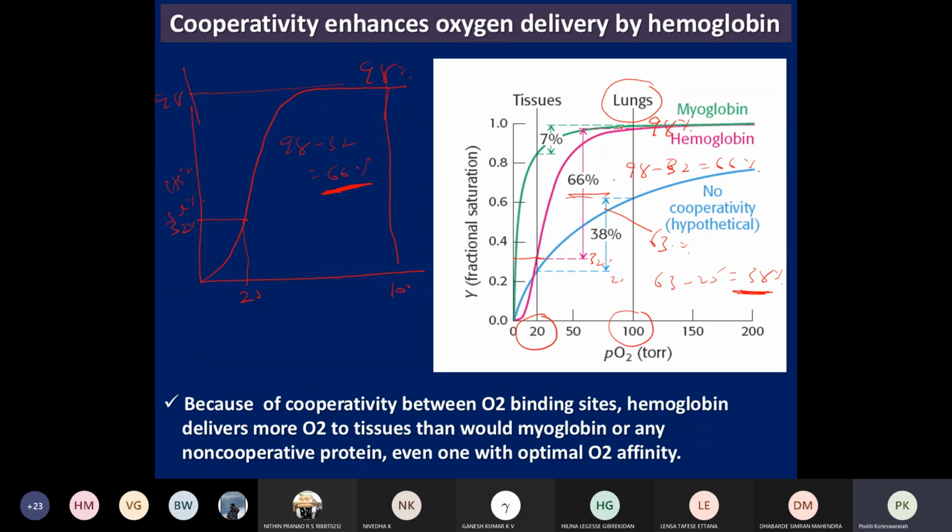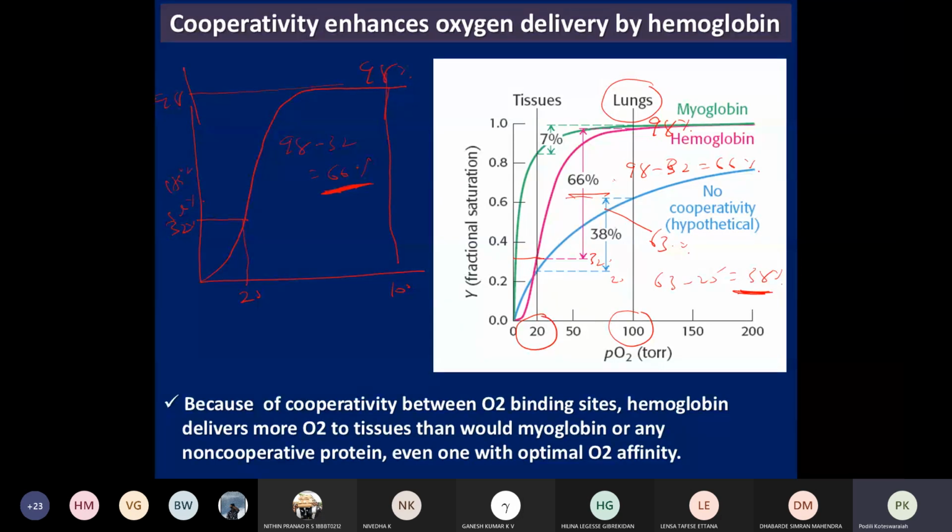And you see the myoglobin can only unload 7% of its bound oxygen to the tissues. So that's why hemoglobin is the good vehicle for transporting oxygen from lungs to the tissues.